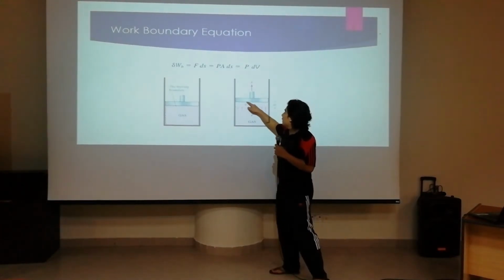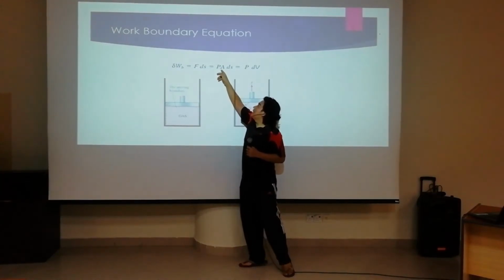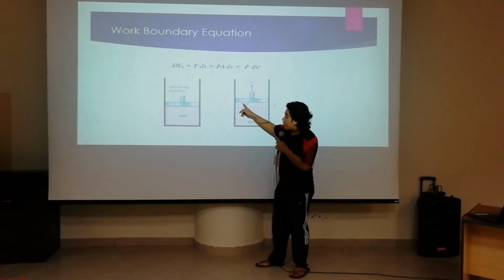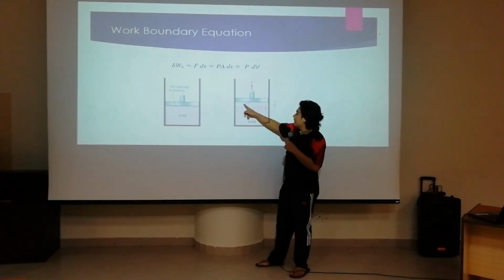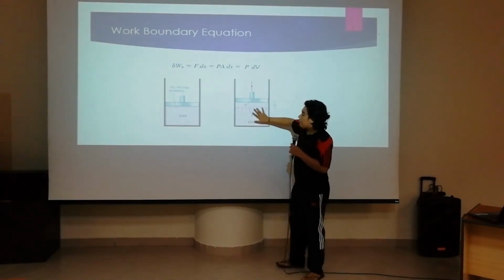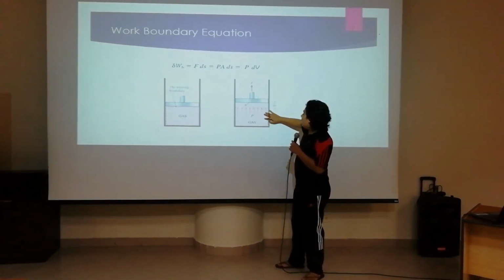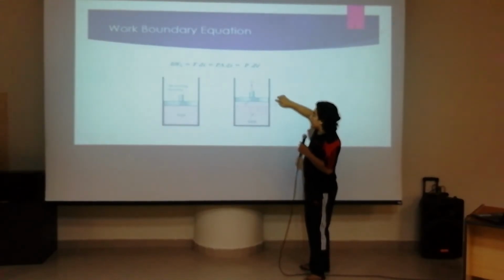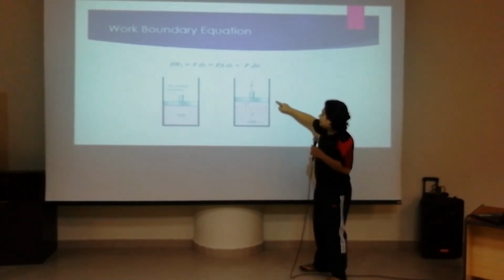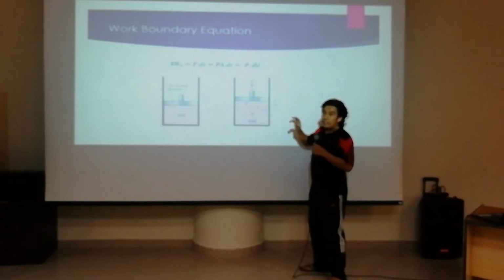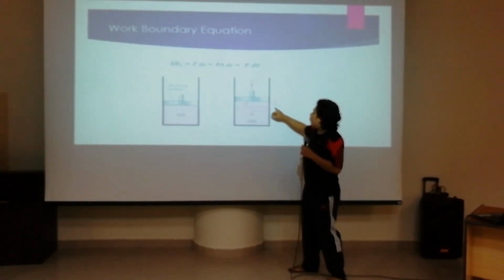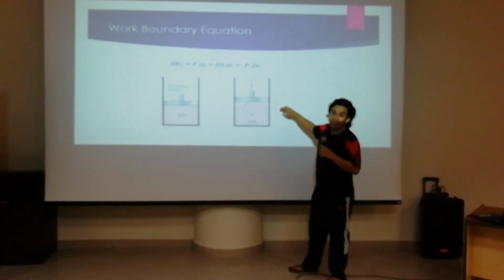The area that we use here is the area of the moving boundary. So P is the pressure of the gas, and ds, the differential of S, is the moving boundary from the initial point to the final point.